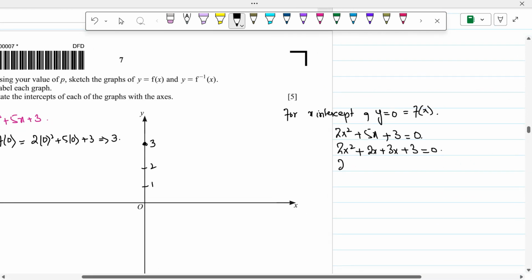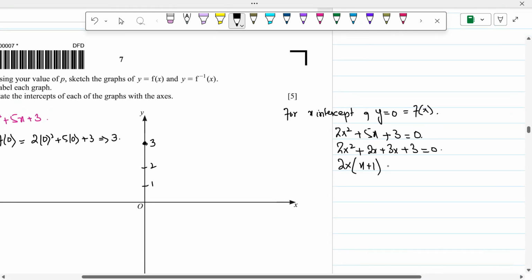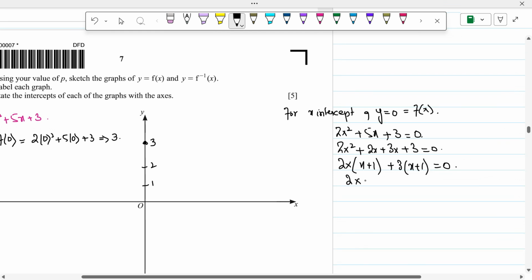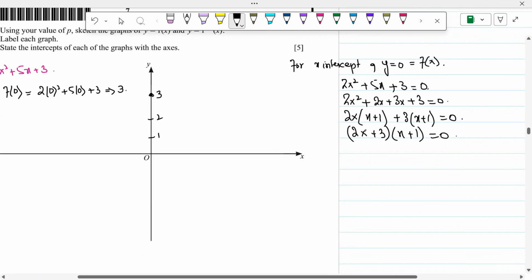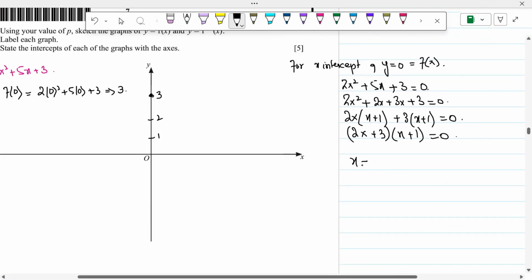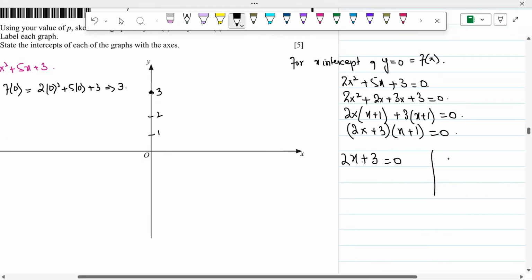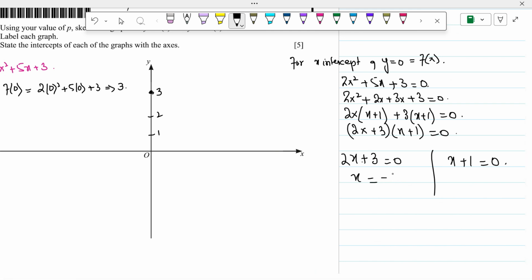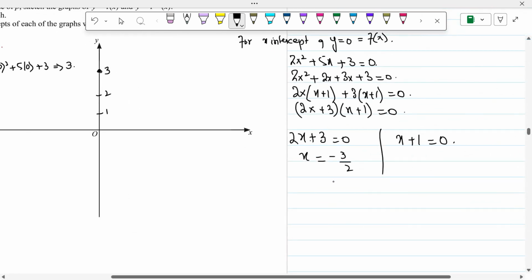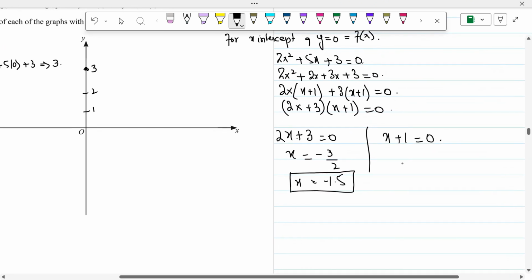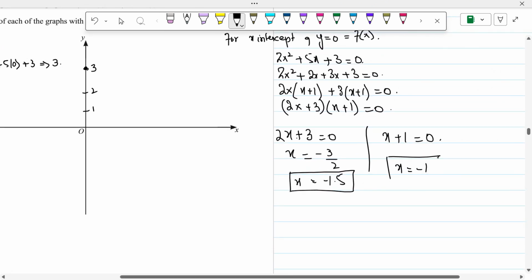Taking 2x common, we have x plus 1, and taking 3 common, we have x plus 1, equal to 0. So 2x plus 3 times x plus 1 equal to 0. So we have two x-intercepts: 2x plus 3 equal to 0, and the other factor x plus 1 equal to 0. In the first case, x is equal to negative 3 over 2, which is negative 1.5. In the other case, x is equal to negative 1.